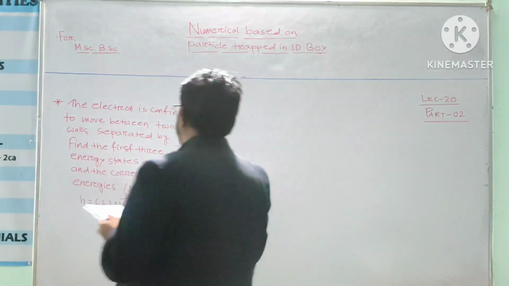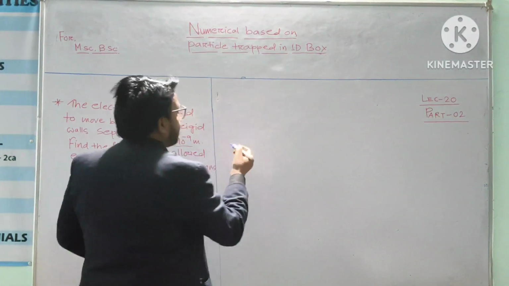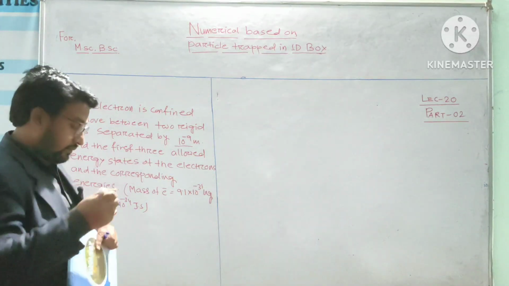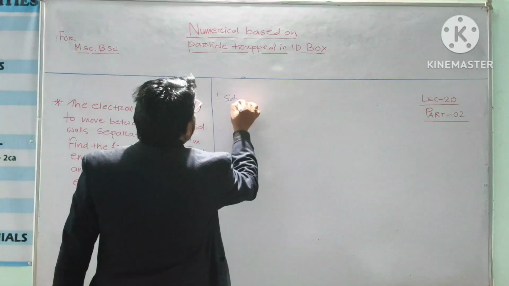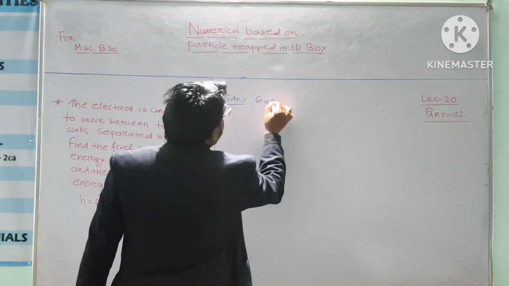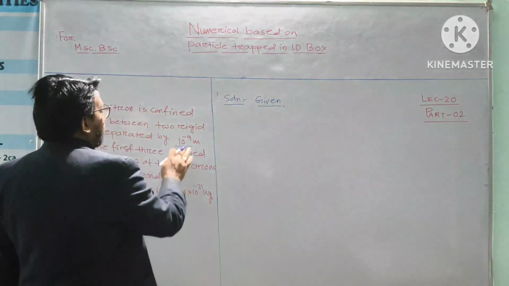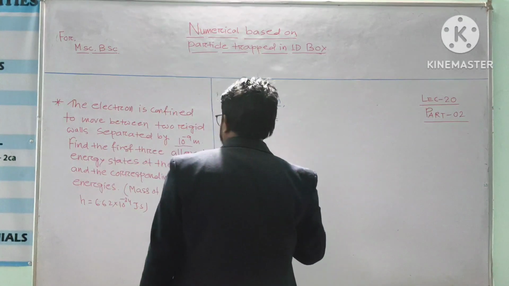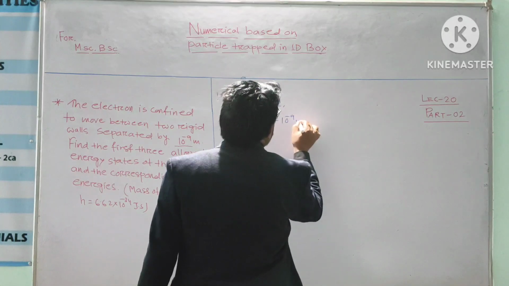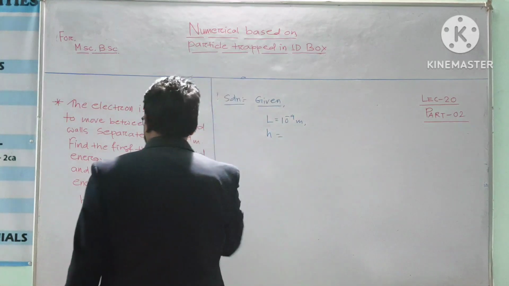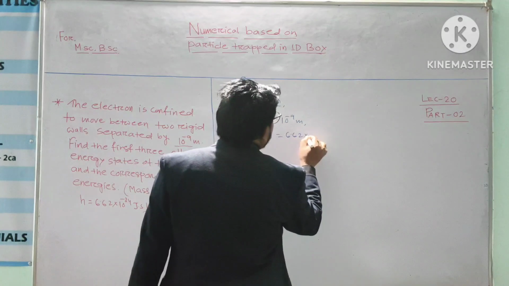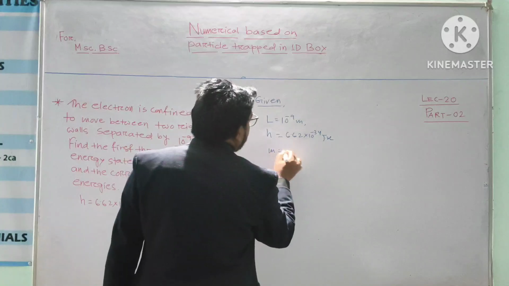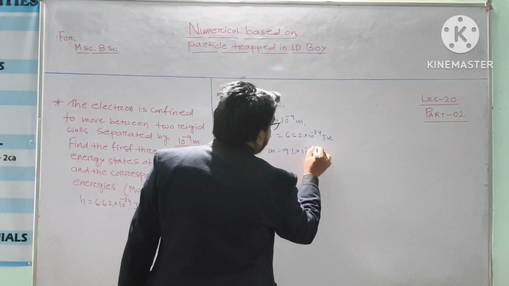Solution. The given information of this question: L equal width of the potential wall, that means L equal 10 to the power minus 9 meter, and also given Planck constant h equal 6.62 into 10 to the power minus 34 joule second, and mass of electron equal to 9.1 into 10 to the power minus 31 kg.